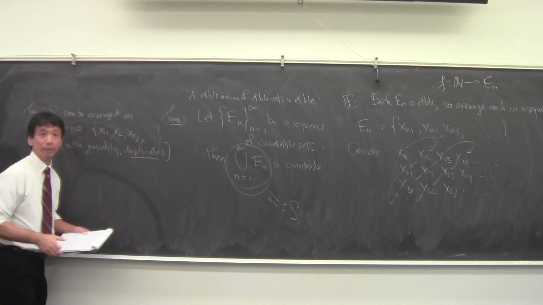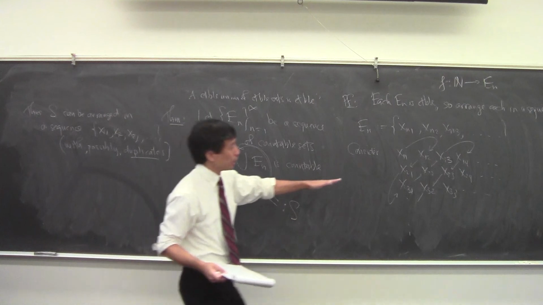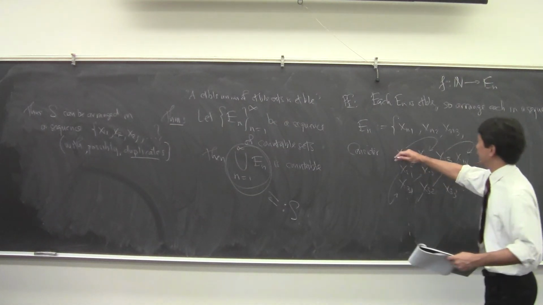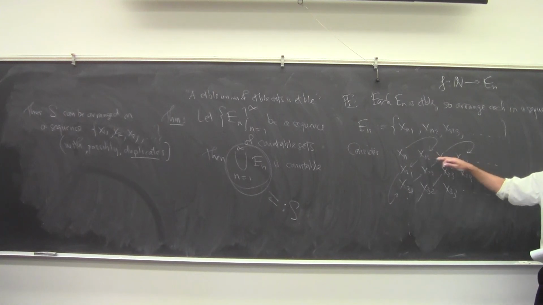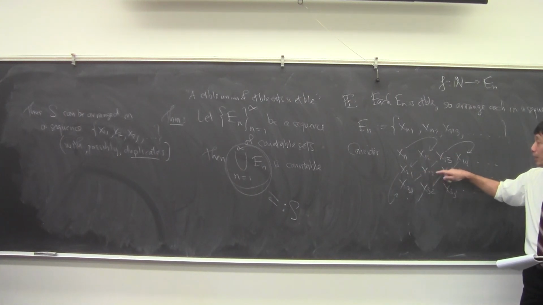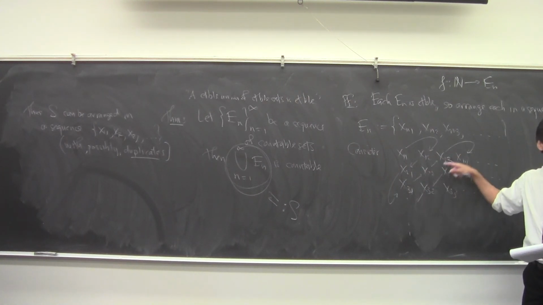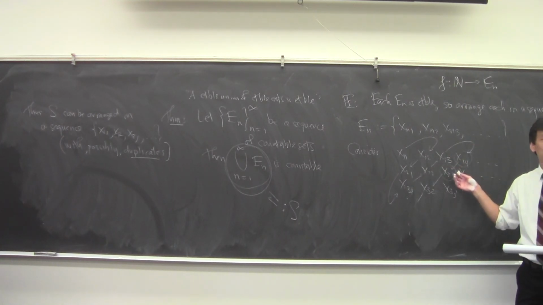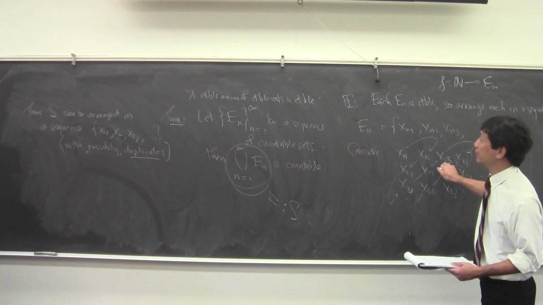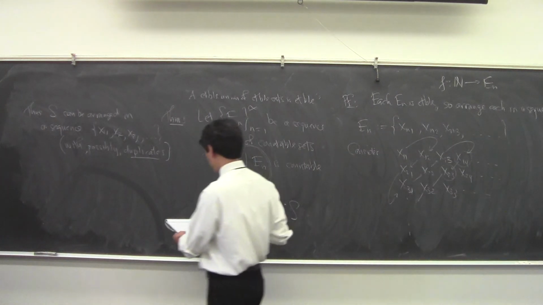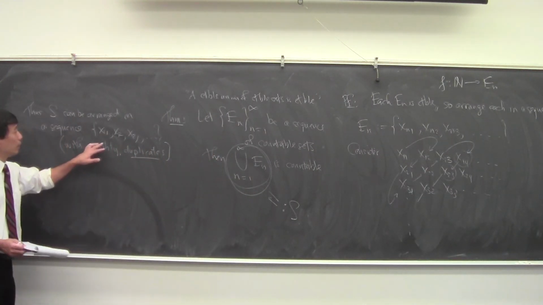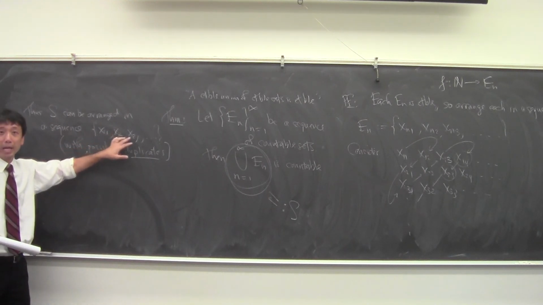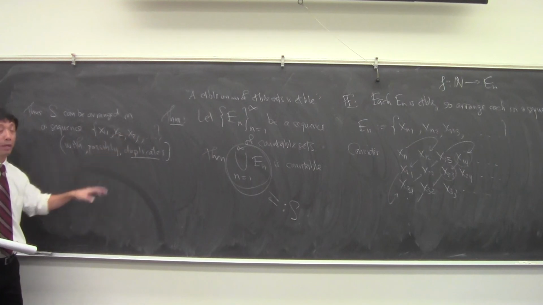So some of these terms might be the same. Even though in each row all the terms are different, we don't know that there might not be some duplication between rows. Maybe this guy and this guy are the same element. So you have this sequence, but it might have some duplicates.